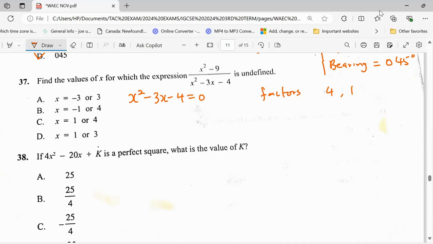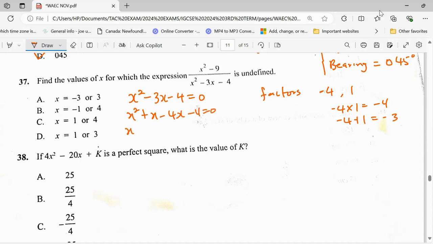Now, we want a situation where the product will give us minus 4 and the sum is minus 3. So this has to be negative, so that if you do minus 4 times 1, you get minus 4, and minus 4 plus 1, you get minus 3. So here we are going to have x squared plus x minus 4x minus 4 equals 0.